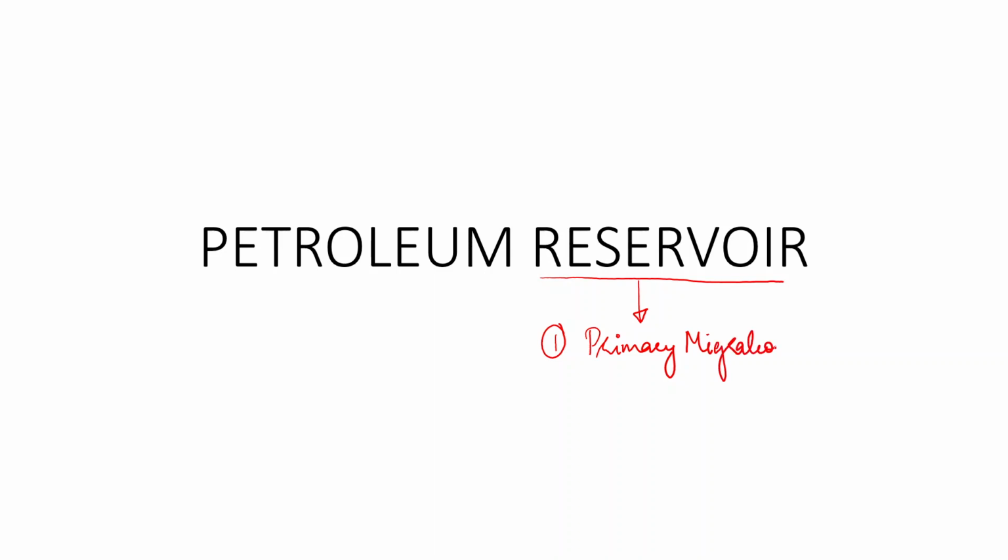As I have already told you, the primary migration is from source rock to the reservoir rock. And secondly, within the reservoir itself, there is the secondary migration.